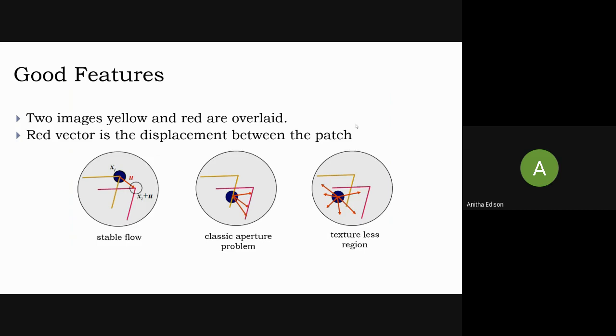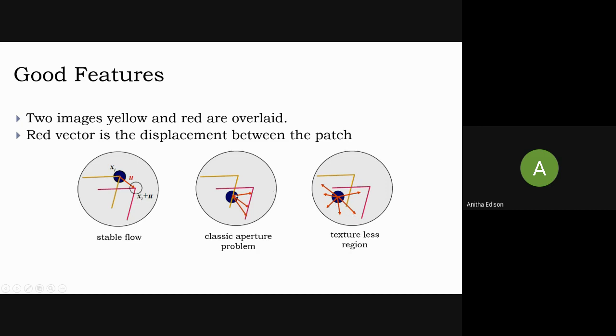For example, take an image, and this yellow is my original image, and I have taken another shifted image. This red one represents the shifted image. If I'm taking a patch like this in the yellow figure, and trying to check if it is there in the red one, I won't be able to match it in a proper position.